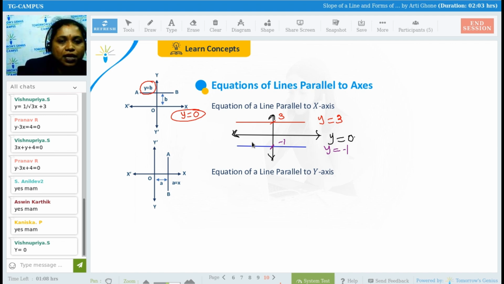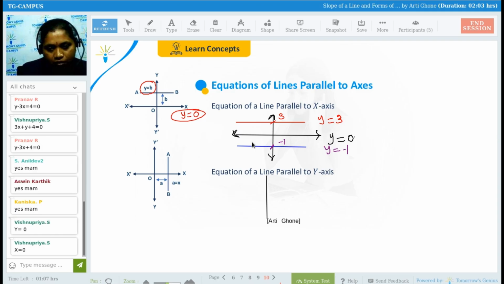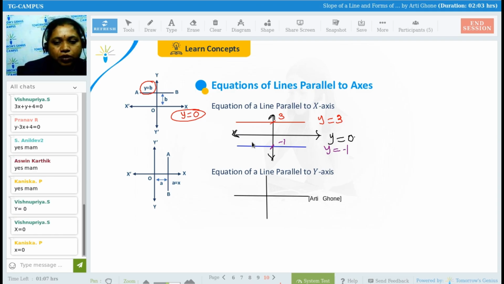Clear? Similarly, equation of line parallel to y-axis. What is the equation of y-axis? Quickly. Now you all know the equation of x-axis. Then you are able to tell me the equation of y-axis. X is equal to 0. Very good. So my equation of y-axis is x is equal to 0.